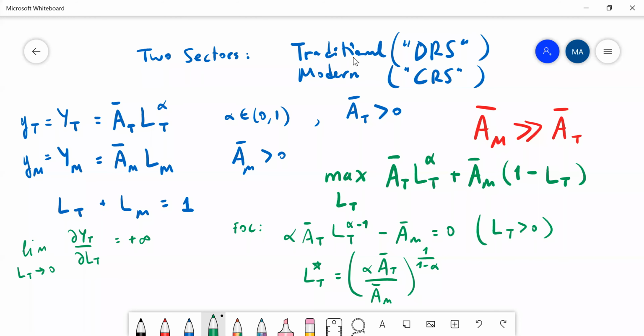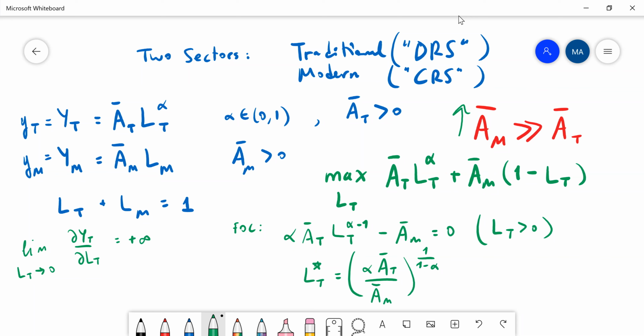Okay, so what does this tell you? It tells you that if the modern sector productivity is getting larger and larger, then more of the workforce will be employed in the modern sector, of course, right?